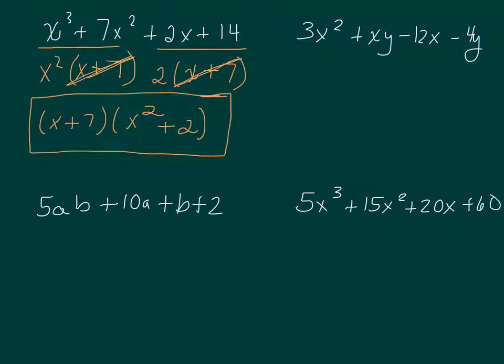All right, let's look at the next one. There's nothing in common to all four of the terms, so I'm going to try factoring by grouping. In this case, there's an x in common in the first group, so I'm going to be left with 3x plus y.